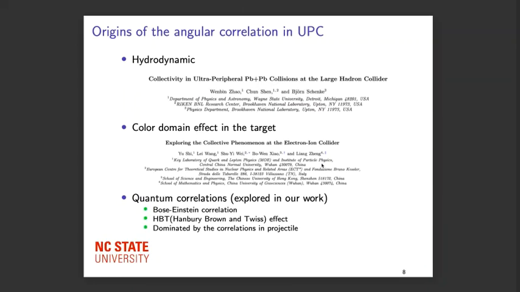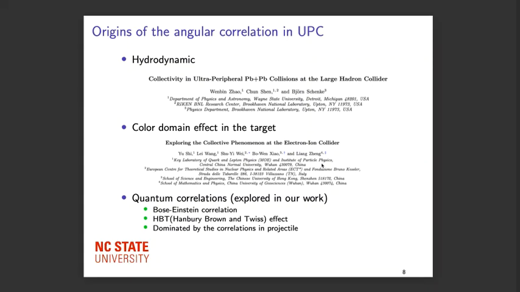Now, before we go to the details of the theoretical discussion, I just want to point out that several studies have been done for this correlation in UPC. The first one still treats this as a hydrodynamic system, and it was done by Trinchen and collaborators. People can ask them about details of their work.